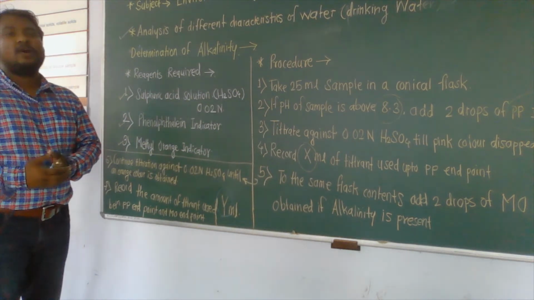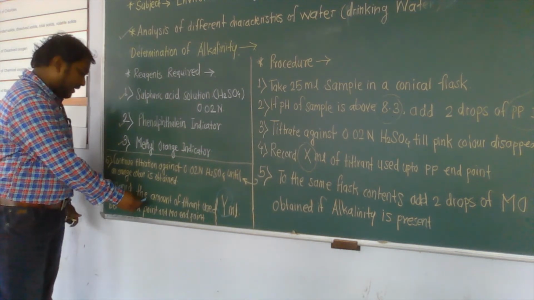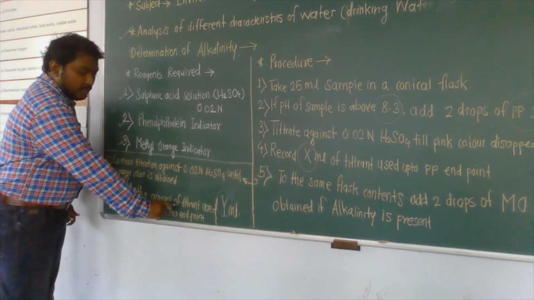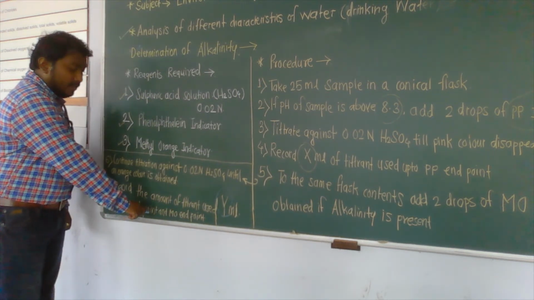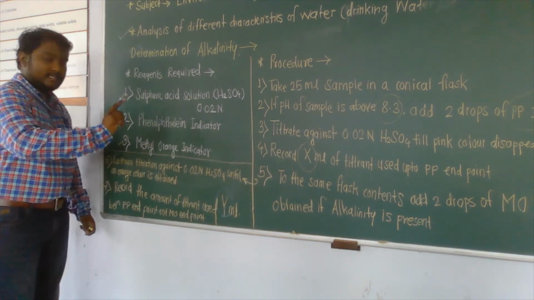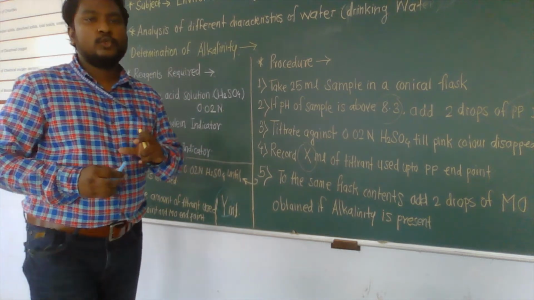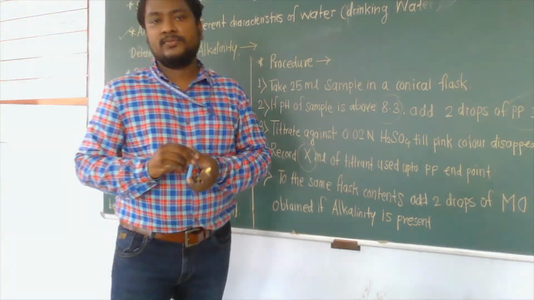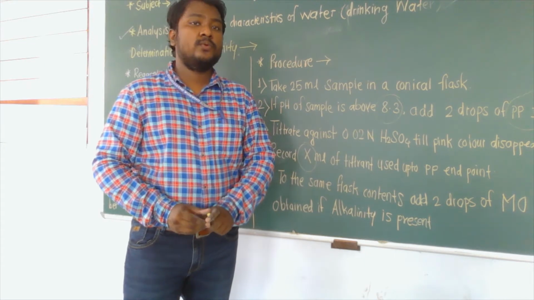If we obtain the orange color, we have reached our end point. We have to stop the titration and record the amount of titrant used, that is Y mL, between the phenolphthalein endpoint that we already took in stage 1 and the methyl orange endpoint. And for the second case, for methyl orange, we have to know how much titrant is consumed.